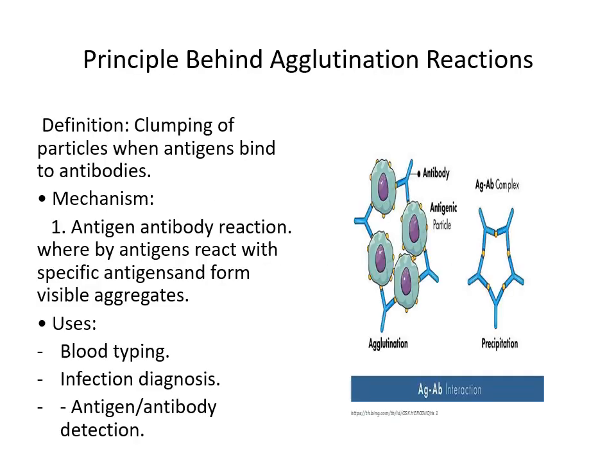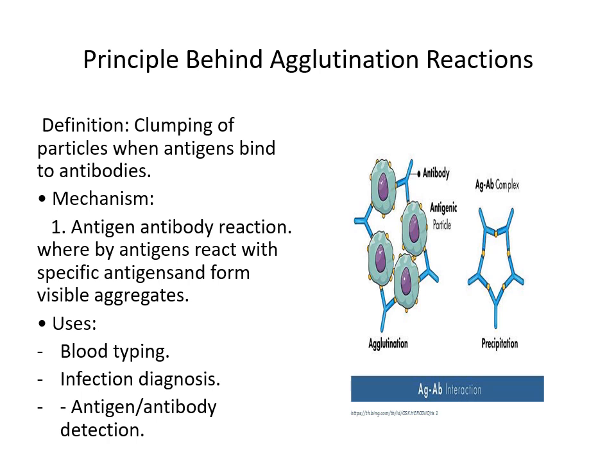So the first question is the principle behind agglutination reactions, and as we know, the principle is the antigen-antibody reaction. Here the antibody, IgM or IgG, recognizes and binds to the antigen on the surface of cells or microorganisms, forming visible particles or aggregates.